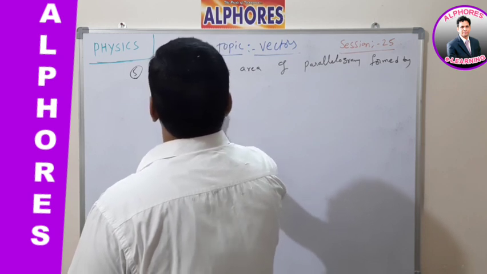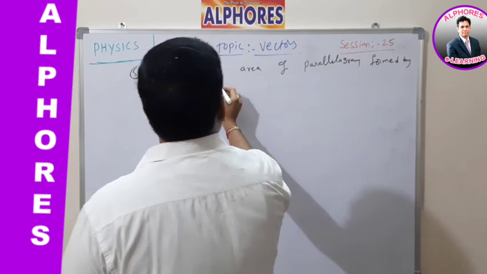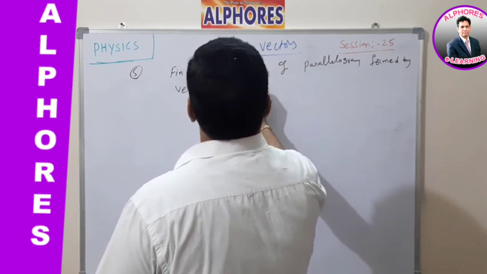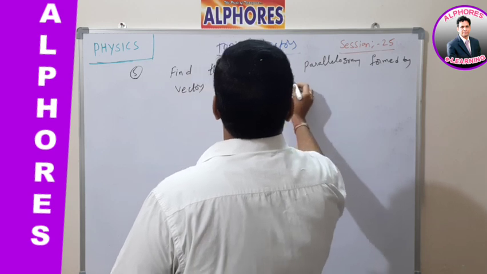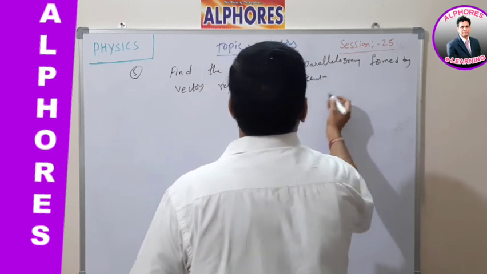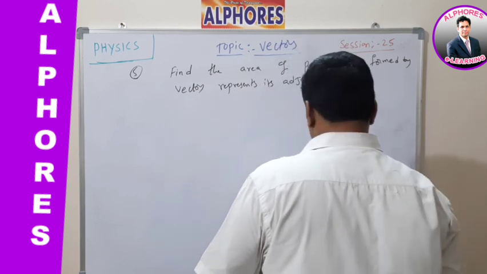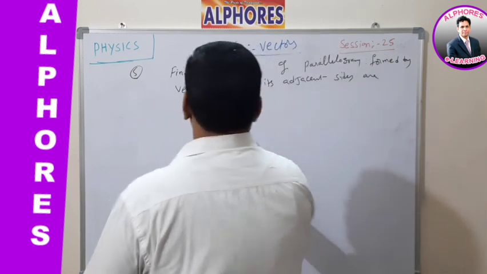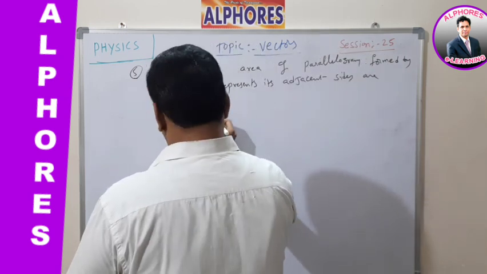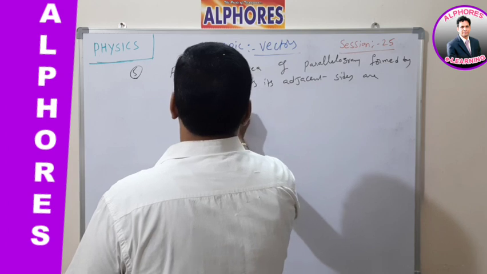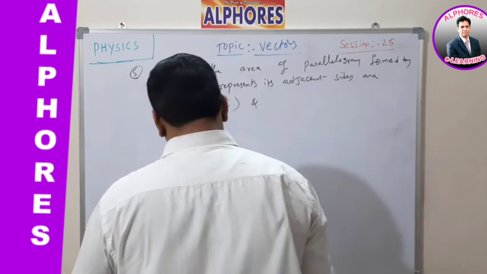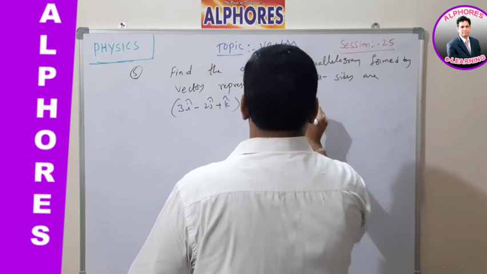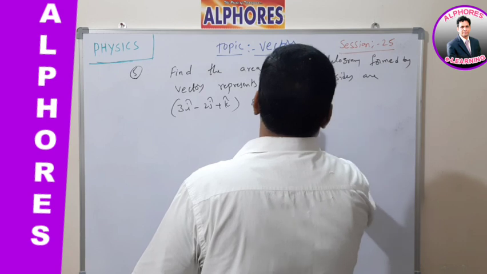The vectors represent its adjacent sides and are 3i cap minus 2j cap plus k cap, and one more vector, i cap plus 2j cap plus 3k cap.